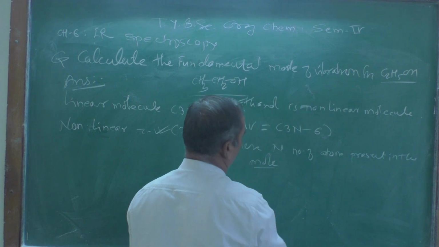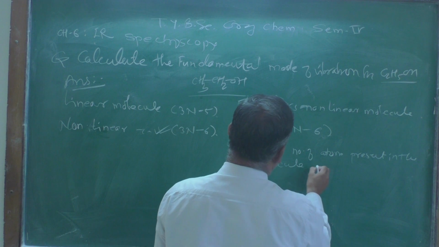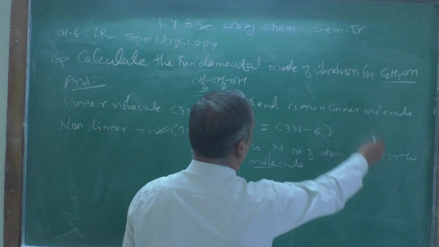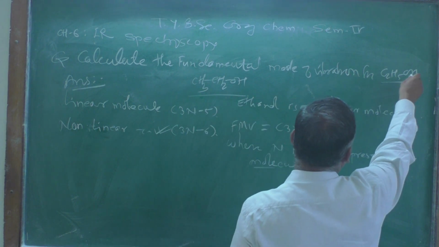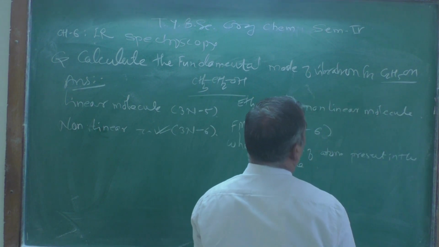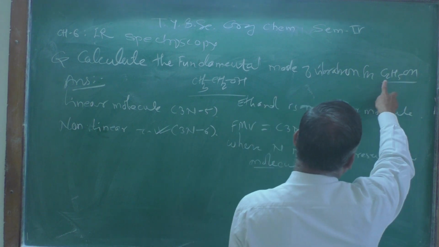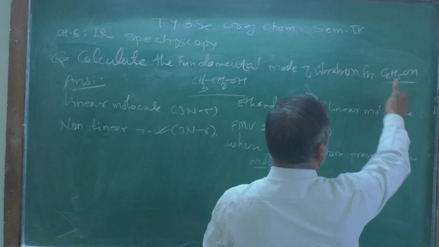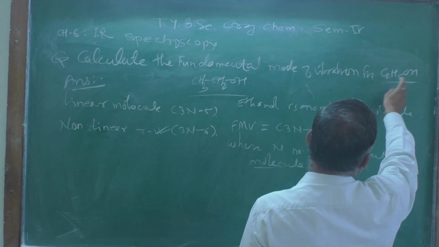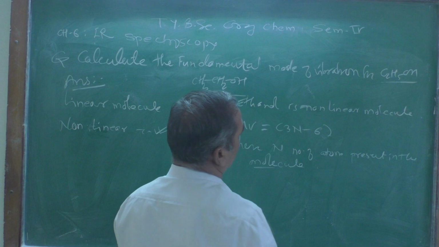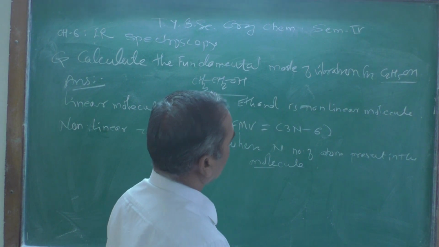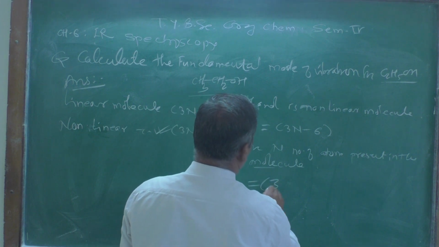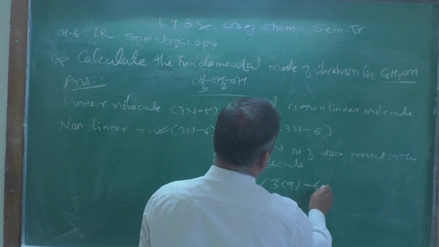We know that in C2H5OH, count the number of atoms: 2 carbon atoms, 6 hydrogen atoms and 1 oxygen, so total becomes 9 atoms. 9 atoms are involved in ethanol, therefore you can substitute 3 into 9 minus 6.